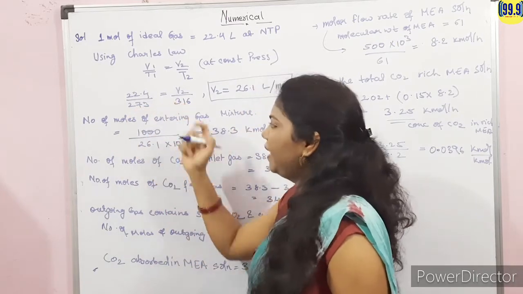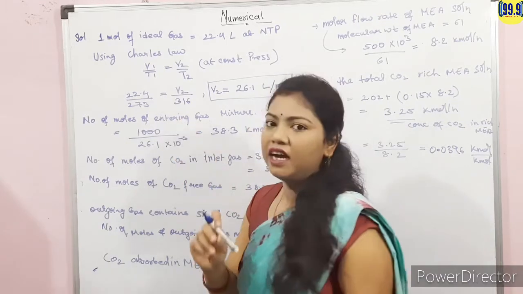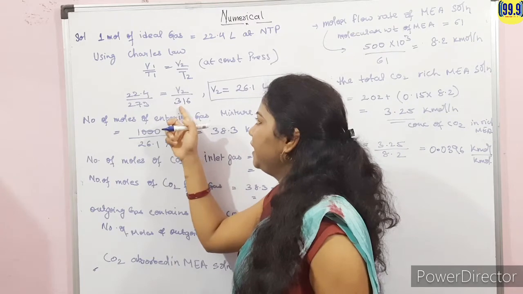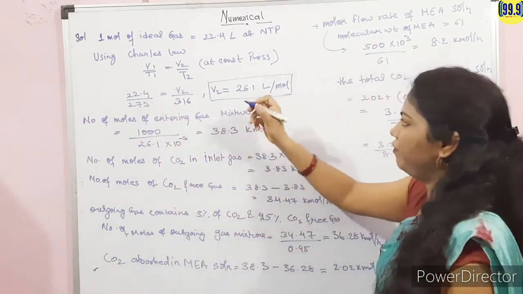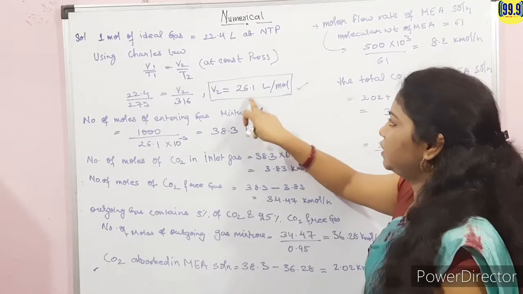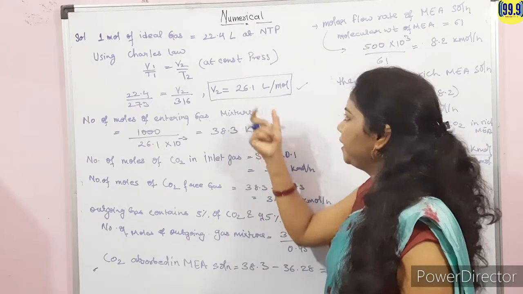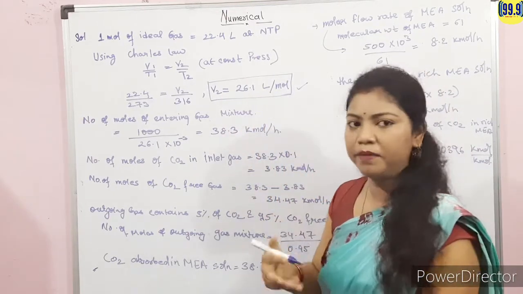The given temperature for the absorption tower is 45 degrees Celsius, which is 316 Kelvin. From here we get V2, that is 26.1 liter per mole. So this is the volume of the gas, 26.1 liter per mole.